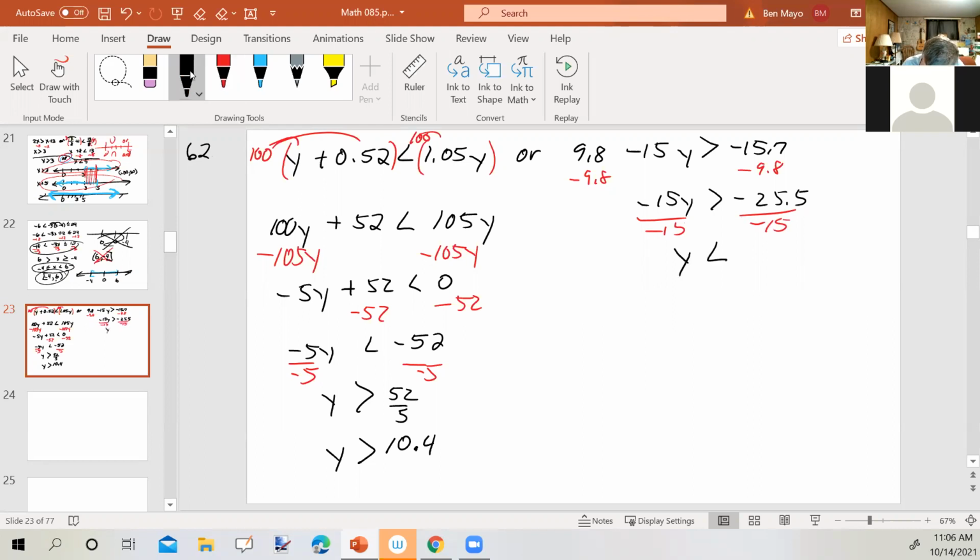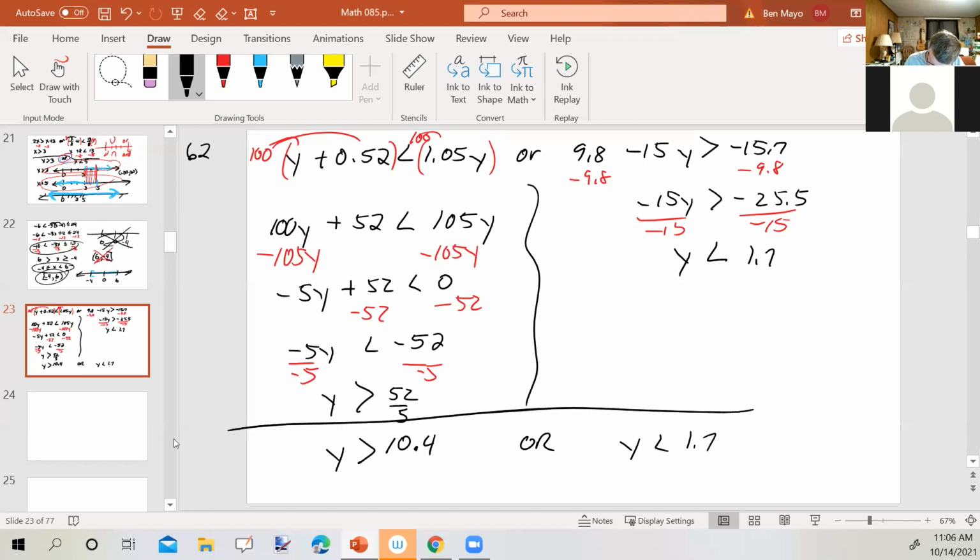So y is greater than, excuse me, y is less than, let's see, 25.5, negative divided by negative is positive. 25.5 divided by 15 is 1.7.